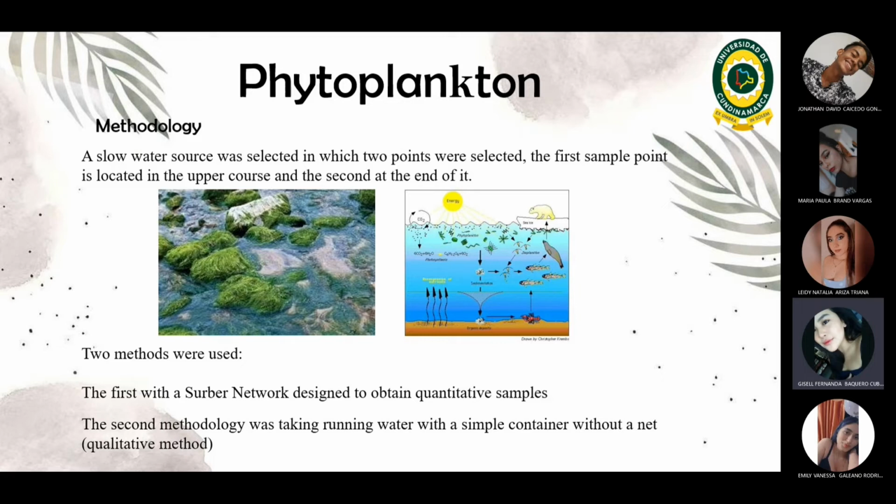The plankton was trapped in the net placed upstream. The second methodology was taking running water with a simple container without a net, a qualitative method, used for the general determination of the presence of genera and species of plankton.